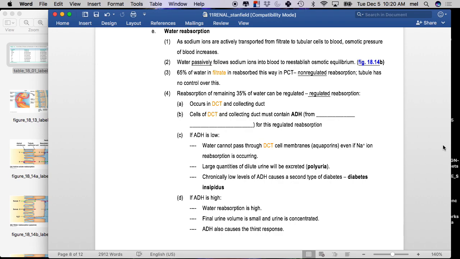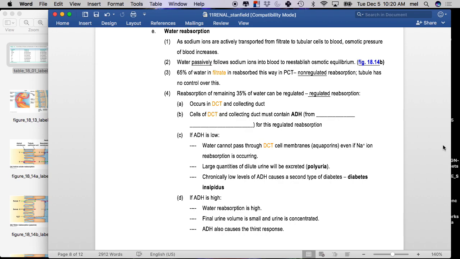If I move massive amounts of sodium from the tube into the cell, into the interstitial fluid, into the blood plasma, what I'm doing is as I increase sodium concentration, I decrease water concentration, right? So do you see that I'm actually creating a gradient for water to move down by moving all of those ions, right? And when you do that, you don't have to worry about water transport, right?